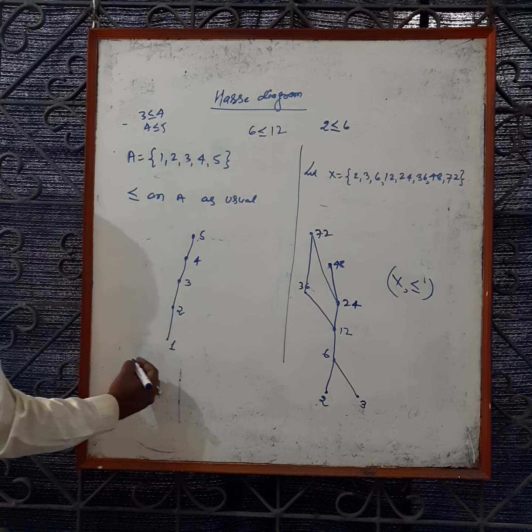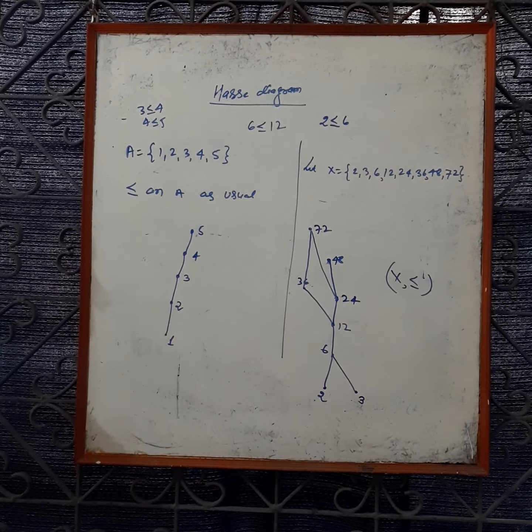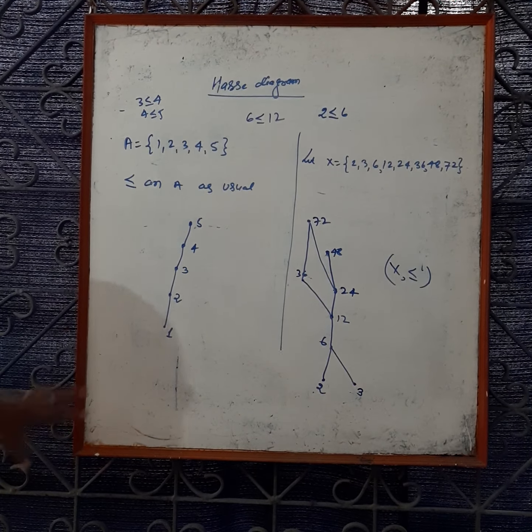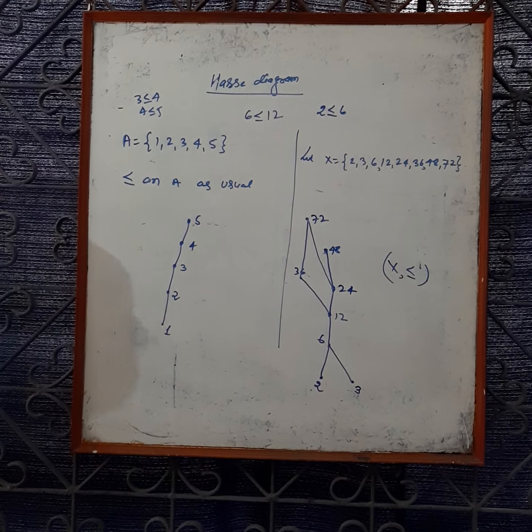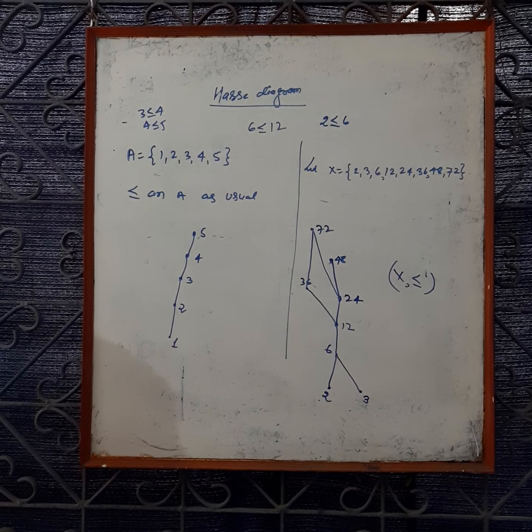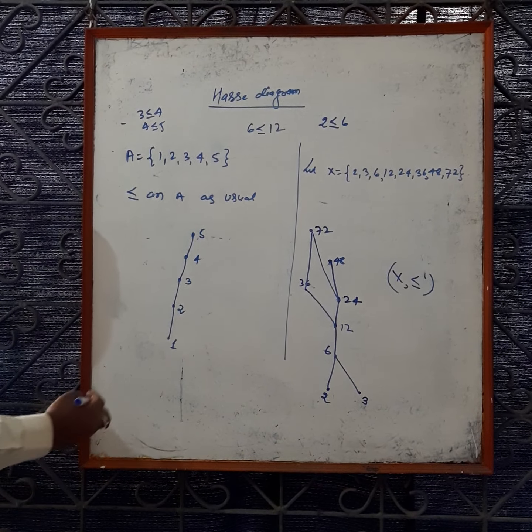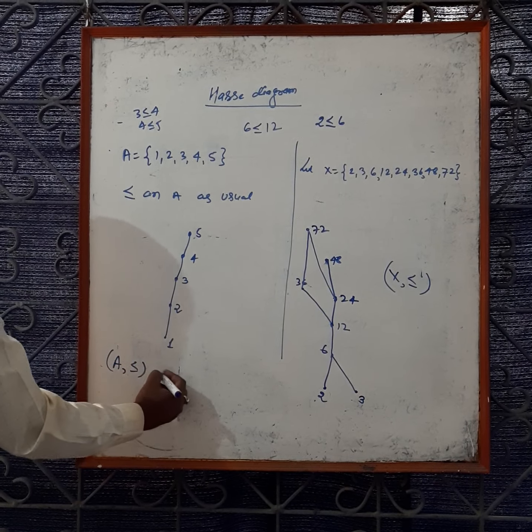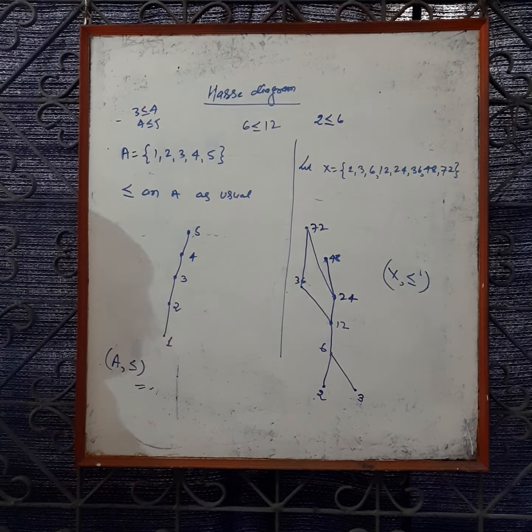We can check whether a particular poset is a chain or not with the help of the Hasse diagram. If the Hasse diagram of a poset is a single vertical line, then it is a chain. Otherwise, not. This is the Hasse diagram of the given poset (A, ≤). Thank you.